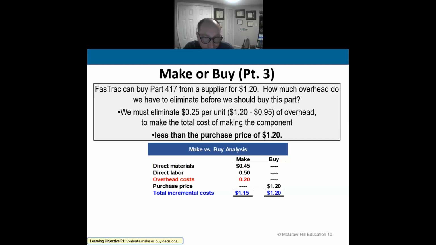So we need to eliminate 25 cents per unit of overhead to make the total cost of making the component less than the purchase price of $1.20. So the reason for this elimination of overhead is because if I were to allocate the purchase, it would make that difference of 25 cents.